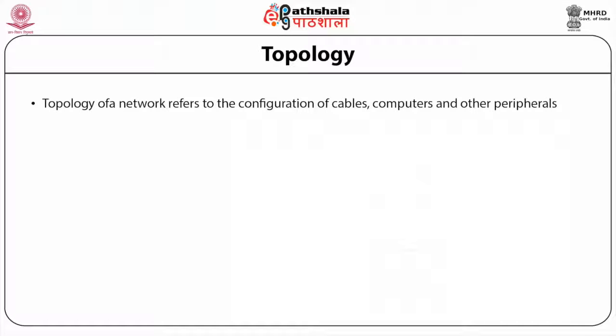The topology of a network refers to the configuration of cables, computers and other peripherals. How the cable is connected and how the peripherals are connected refers to the network topology. And there are 4 topologies by which we can connect computers in a network.